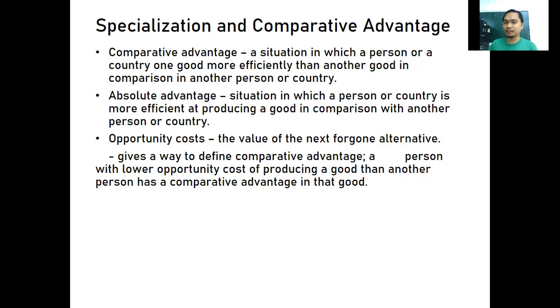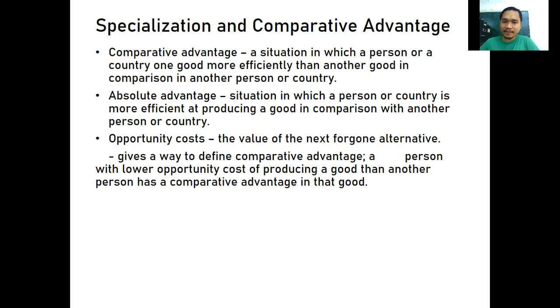So in comparative advantage, again, one good is more efficient than another good. An absolute advantage is when a person or country is more efficient at producing a good. Again, comparative advantage: a good is more efficient than another good compared to another country.